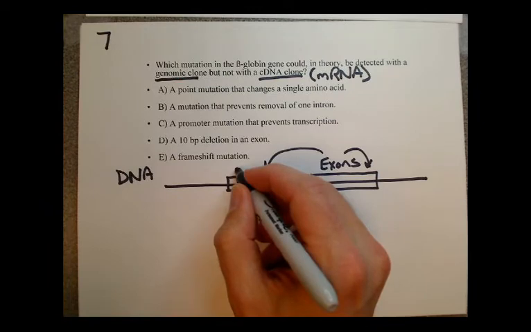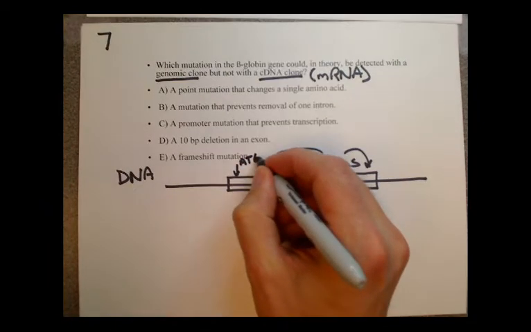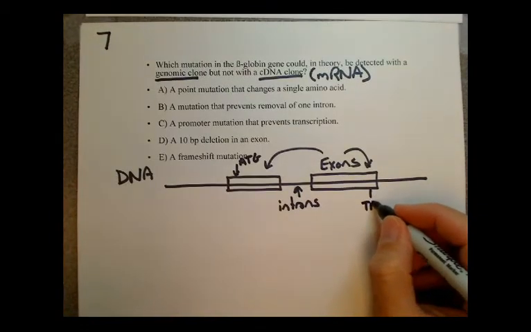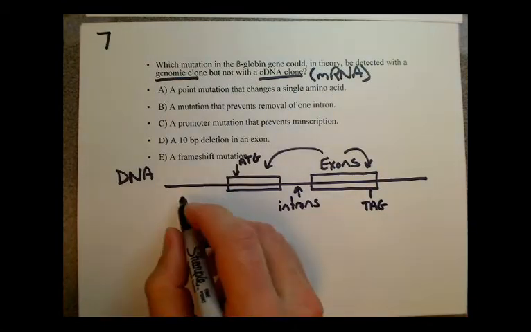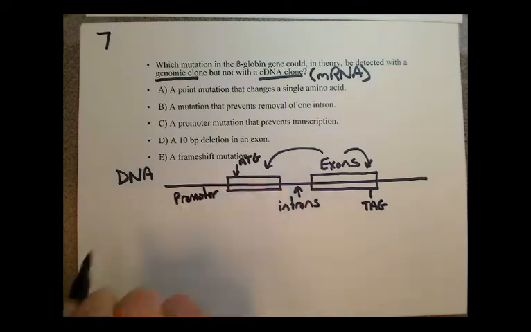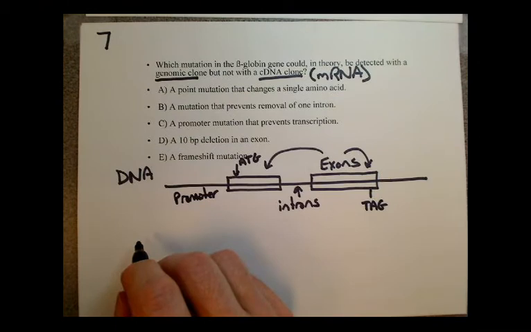Somewhere in here will be a translational start site, an ATG. Somewhere down here will be a stop codon, something like a TAG. And then there's also going to be a promoter, which is responsible for making sure that this gene gets expressed in the right places at the right times.